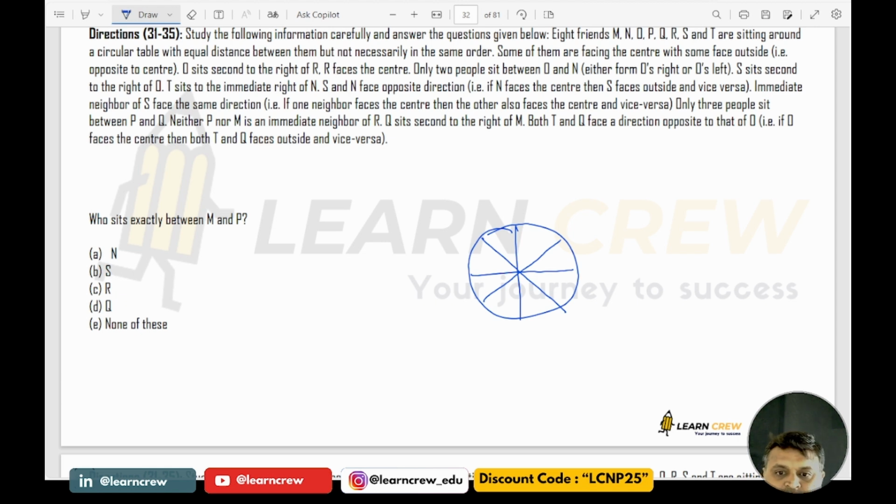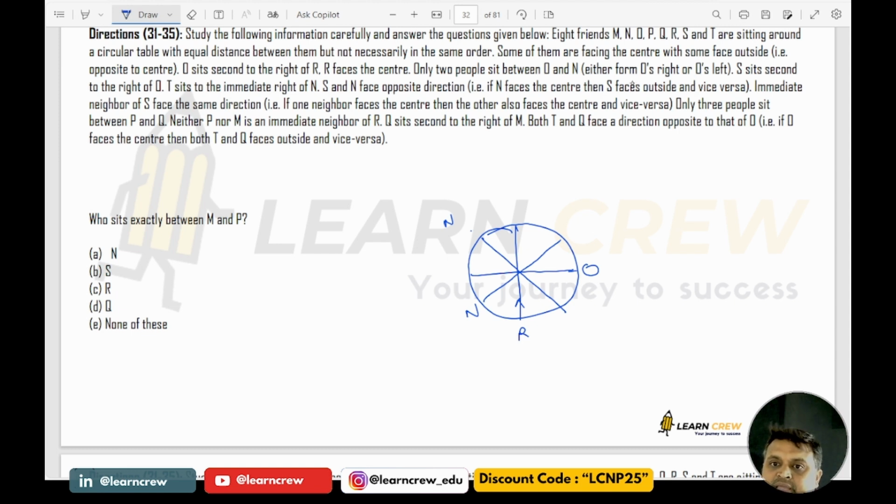It is given that R is facing center. Okay. And O is second to the right, so I am taking O here. Only two people sit between O and N. So N can be here or here. Okay. Next.